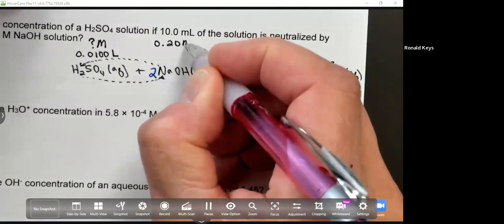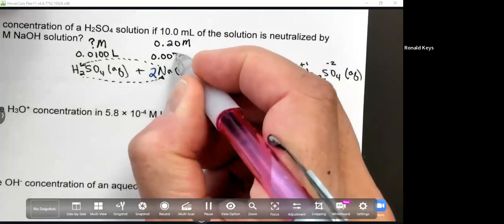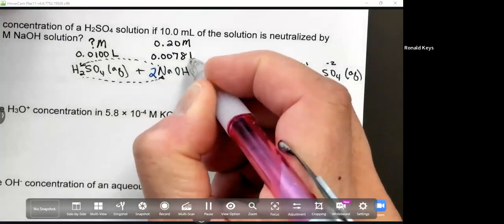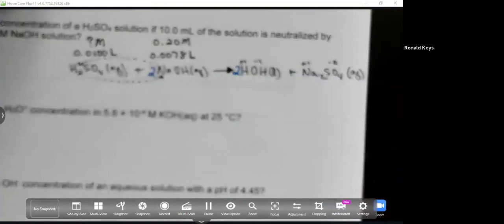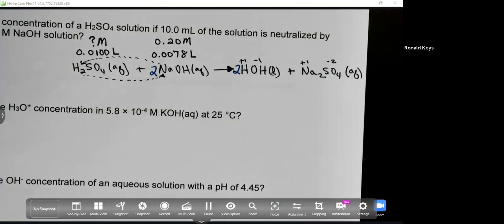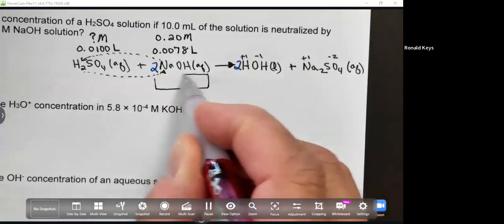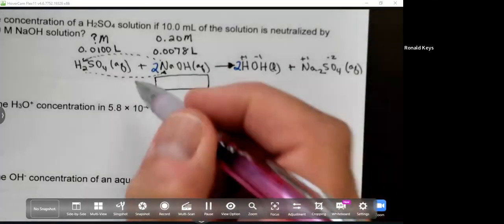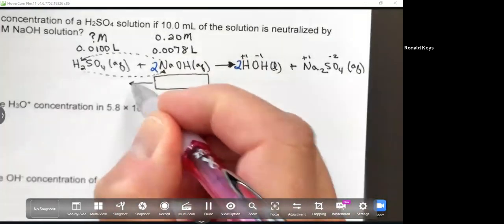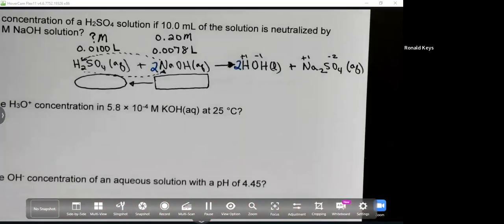The molarity of the sodium hydroxide is 0.20 molarity and 0.0078 liters. So the very first thing you're going to do is figure out your moles here, and then go to here. And again, after we do the example, I think you'll be able to finish this one out.